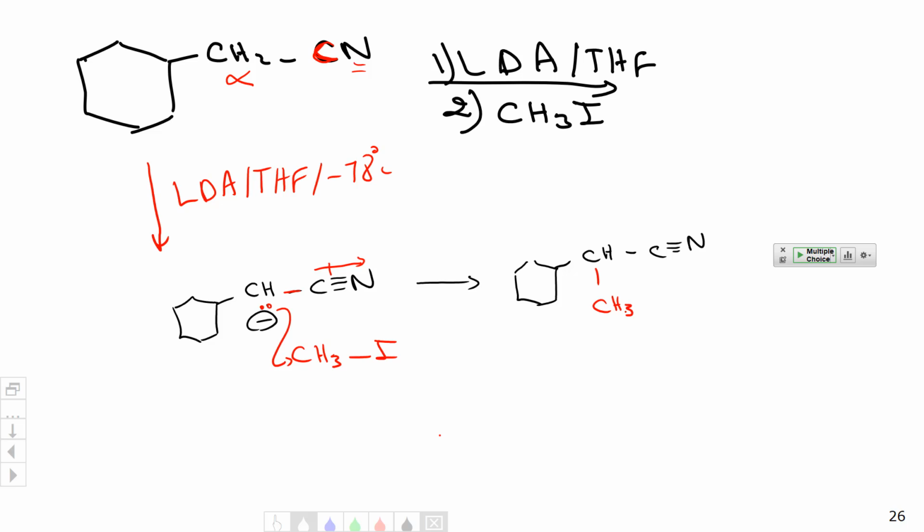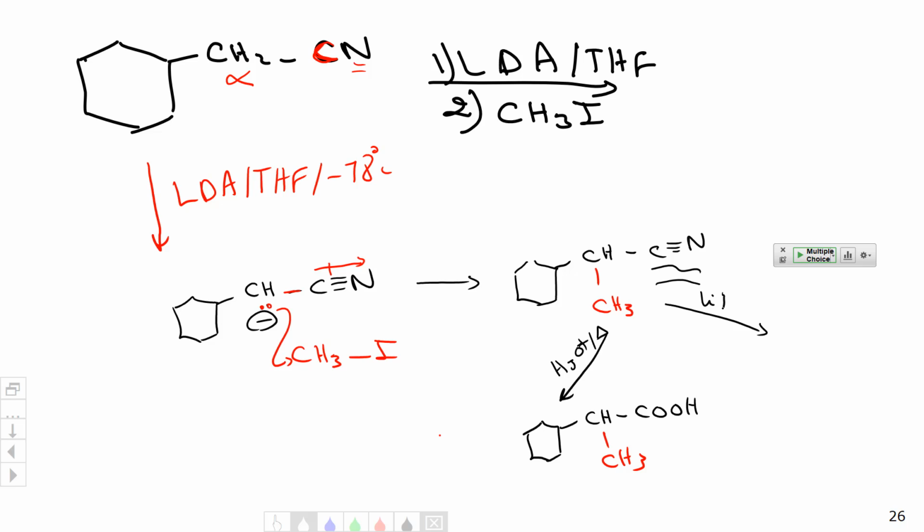Now, one thing about that is I have to remind you that the nitrile has two reactions that it can undergo. The first one, if I add H3O plus and heat, I can change the nitrile to a carboxylic acid, or I can reduce it to end up with CH2NH2, which is the primary amine.